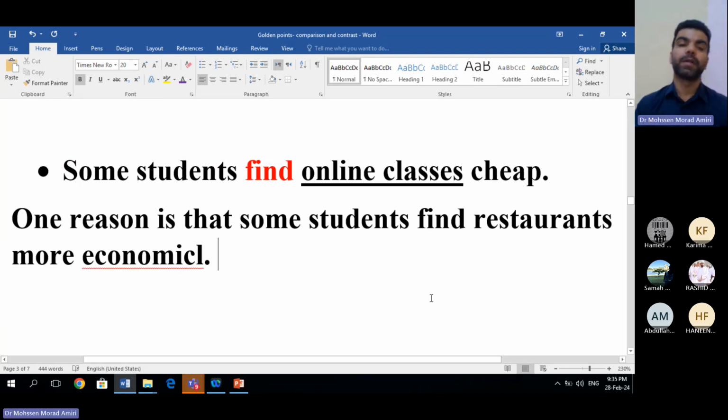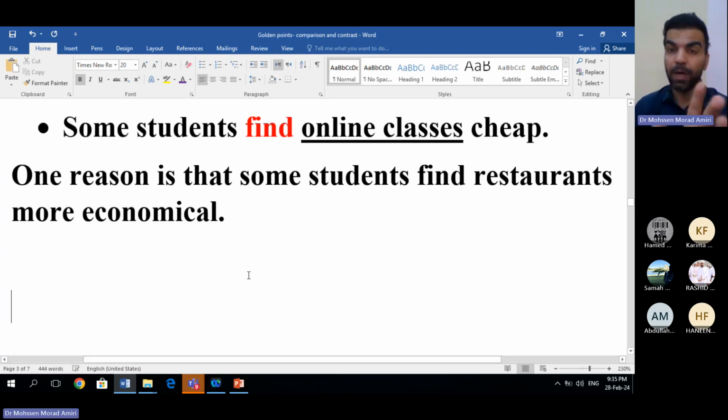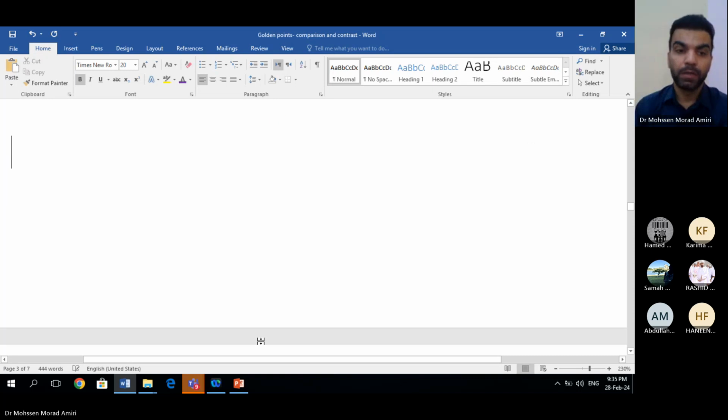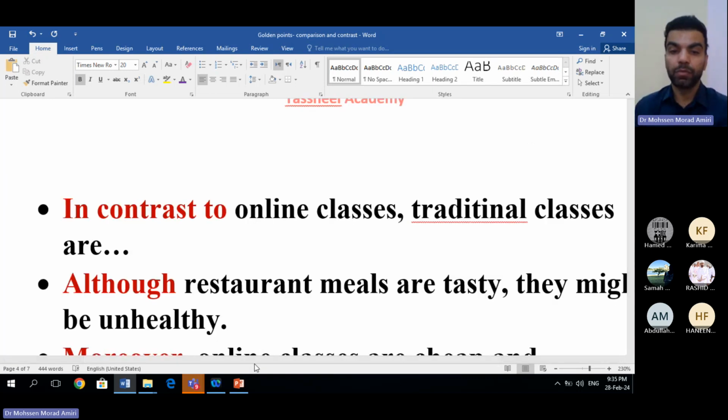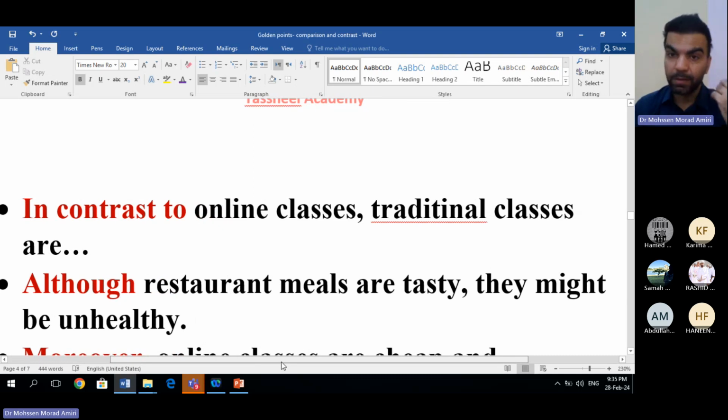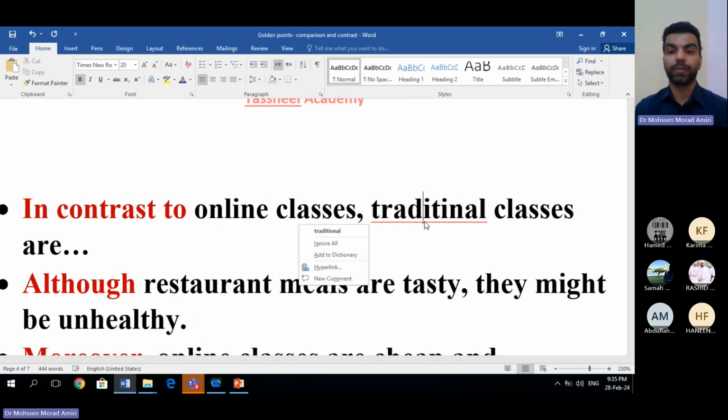They find it more economical. They find restaurants more economical. So this is another way that you can use if you can. If you cannot, no need to write it there. So you should choose something which you can write in English.